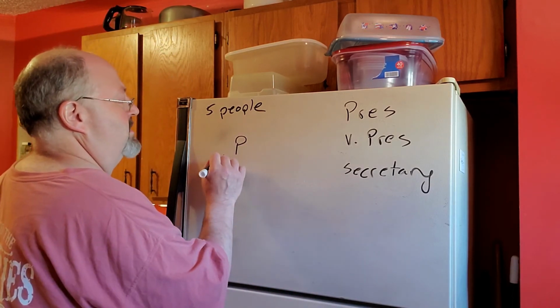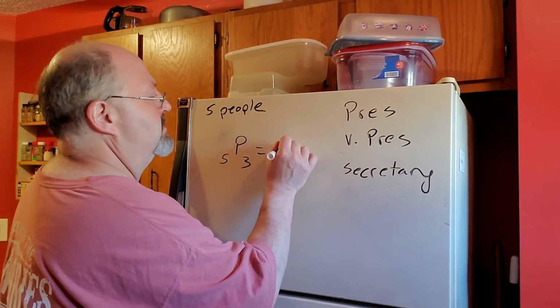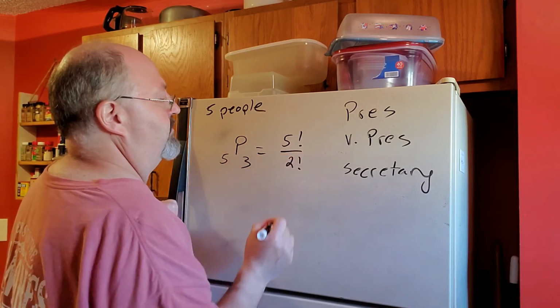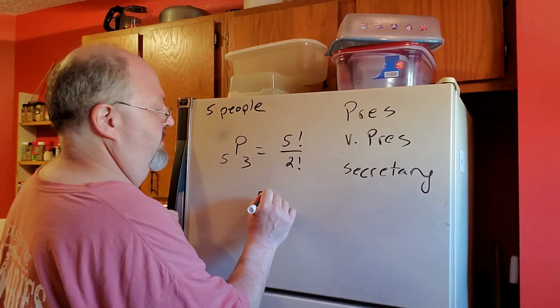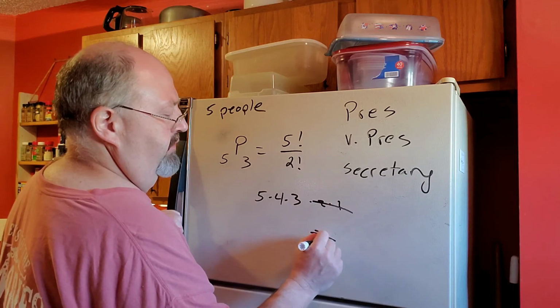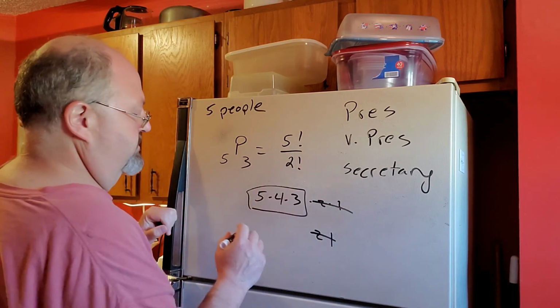So officially, it's written this way, which means we're going to do 5 factorial over 5 minus 3, so over 2 factorial. So that's 5, that's 4 times 3, and then that part cancels with that part down there. So it's just 5 times 4 times 3, which is 60 different ways you could choose that.